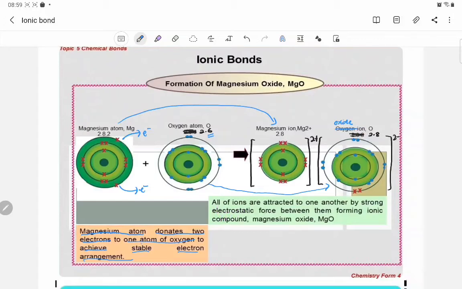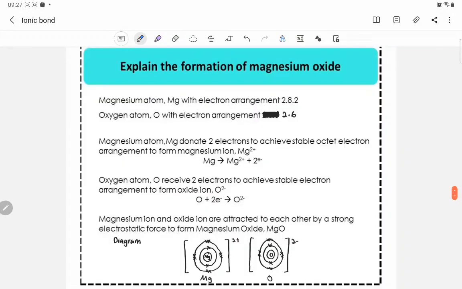So all of the ions are attracted to one another by strong electrostatic force between them, forming ionic compound, which is magnesium oxide. Okay, so let's see the explanation for the formation of magnesium oxide.